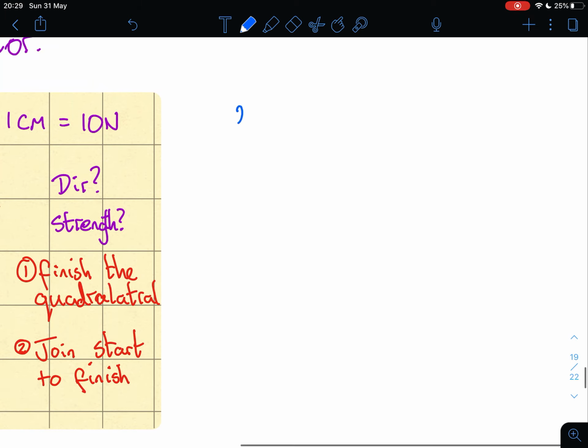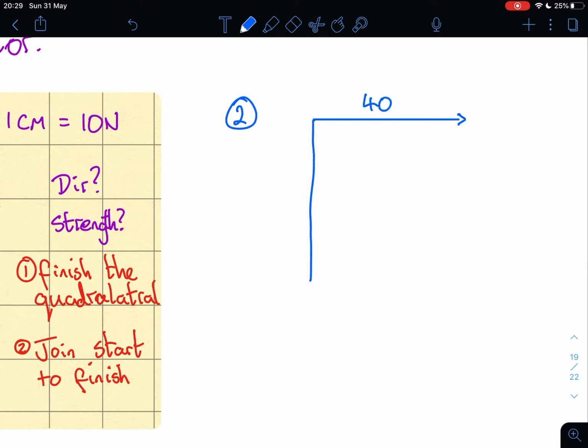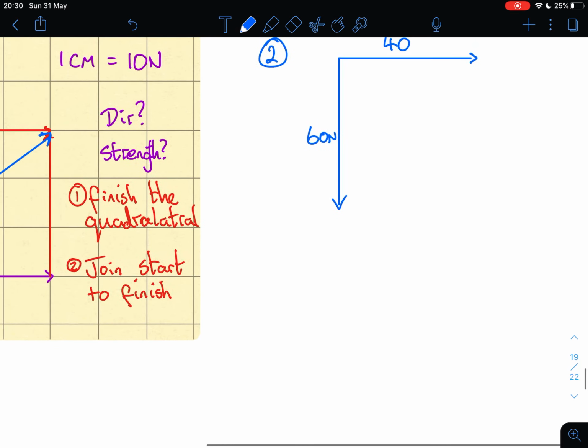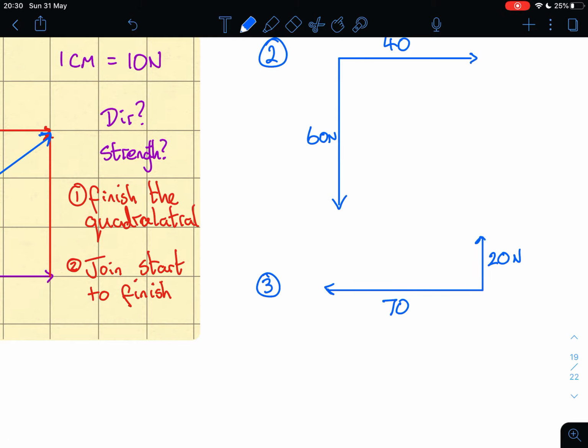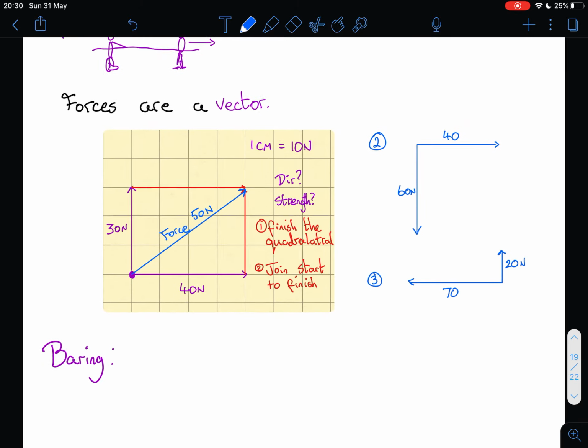Number 2, do one going this way with 40 and this one going this way with 60. Try that, work out the missing bit, which way is it going to go. And number 3, try it going this way, 70, and up this way, 20. So have a little practice with them. The more you practise, the easier these get. So that's the first part.